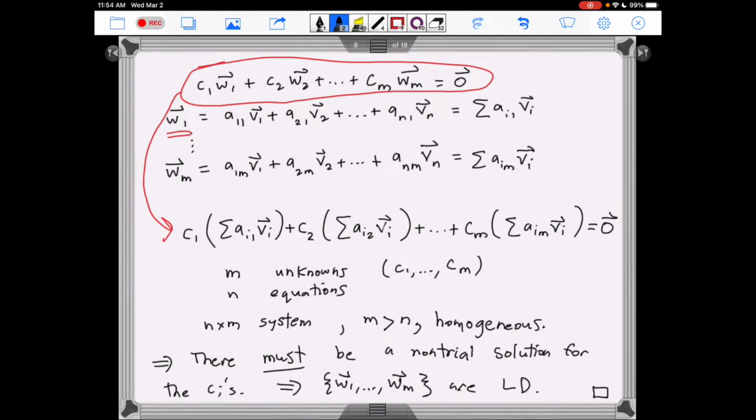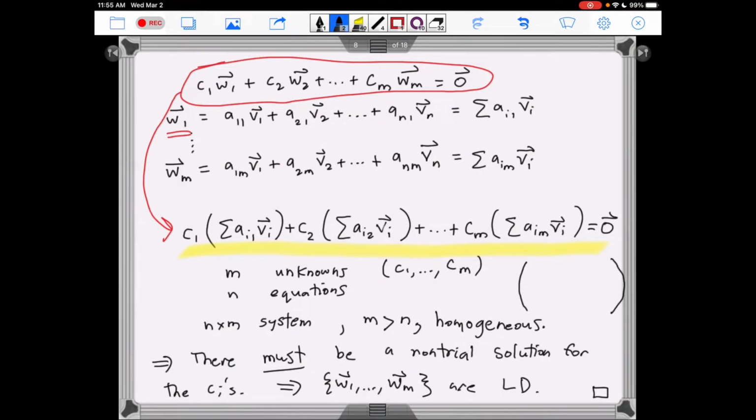The reason I call this an outline is because, of course, I didn't write out the whole system. It would require a really technical breakdown of how this turns into the system, okay? But all you would need to do is basically write it all out and then collect all your like terms and write it as a system of equations. But the important thing to remember here, guys, is that it's an n by m system, but m is larger than n.